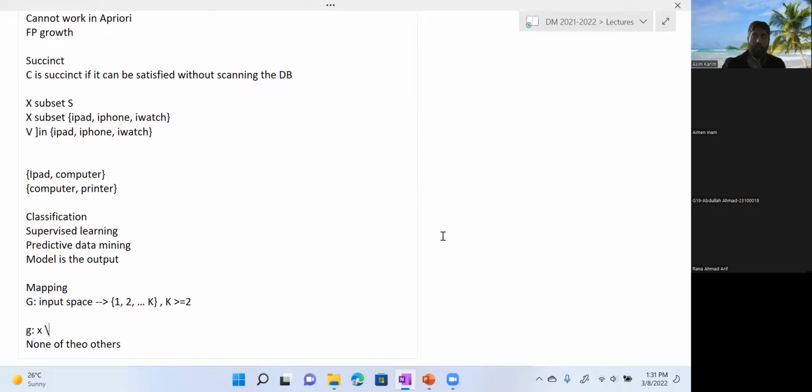Then of course X would be from some m-dimensional real space. So an m-dimensional vector represents my object. And then of course, on the right-hand side, it will be the same: 1, 2, to k.